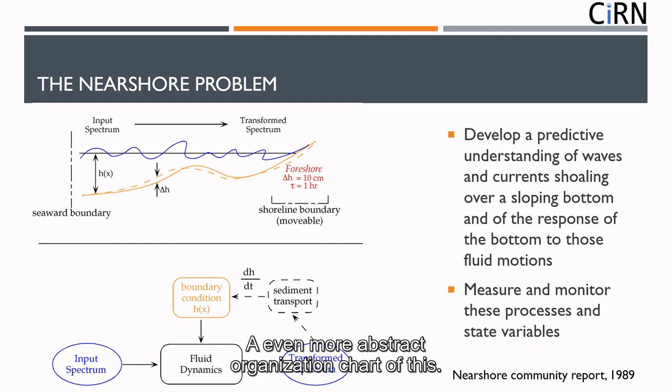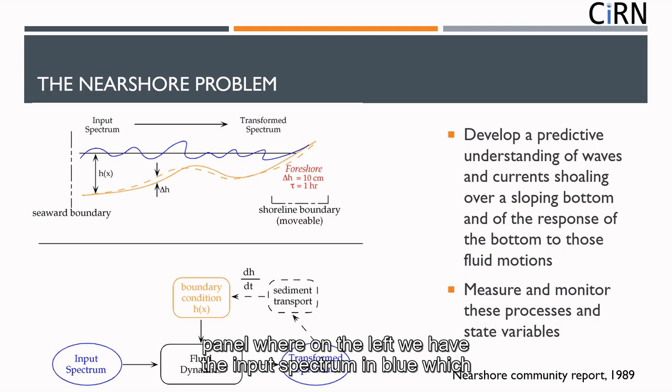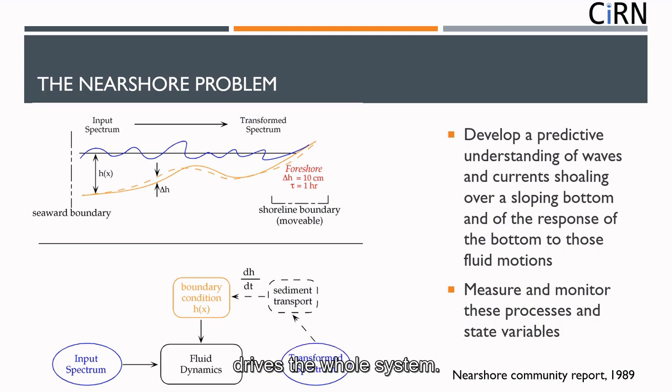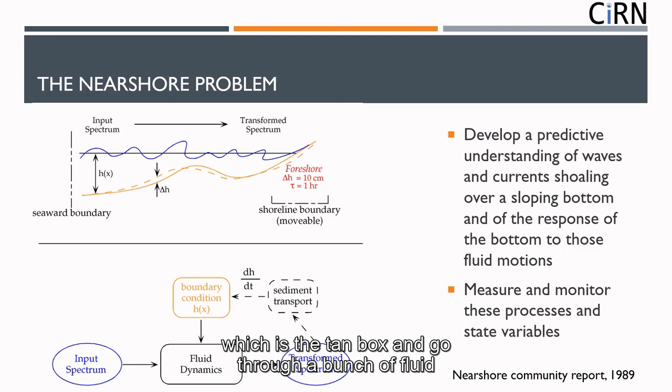An even more abstract organization chart of these phenomena is shown in the bottom panel, where on the left we have the input spectrum in blue, which drives the whole system. The waves propagate over the bottom boundary condition, h of x, which is the tan box, and go through a bunch of fluid dynamics to become a transformed spectrum, so the physical oceanography problem.